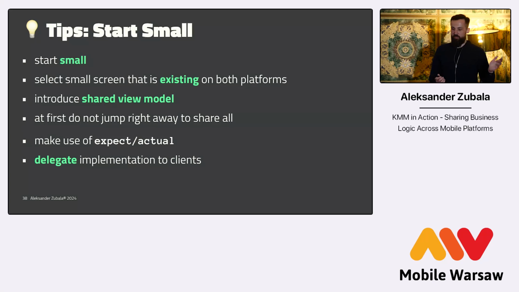So, for example, Foundation methods for dates, for file manager, things like that are already mapped in Kotlin. So you can have the platform-specific implementation already in the shared code. If it's not possible, then you can delegate implementation to clients, so declare interfaces. So there are two levels of providing different implementations depending on the platform.